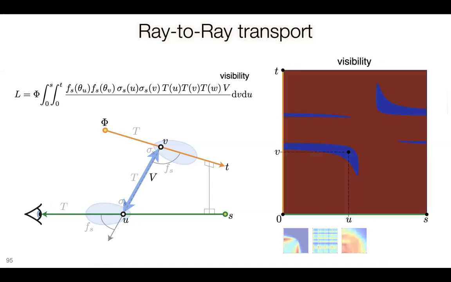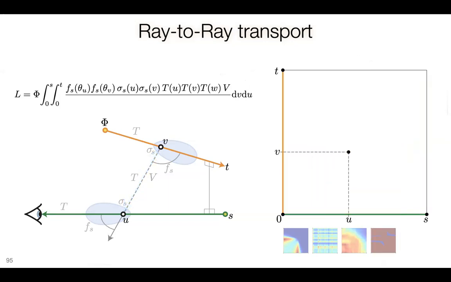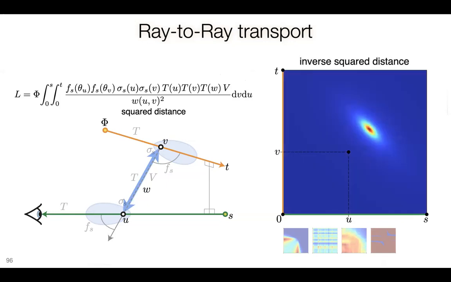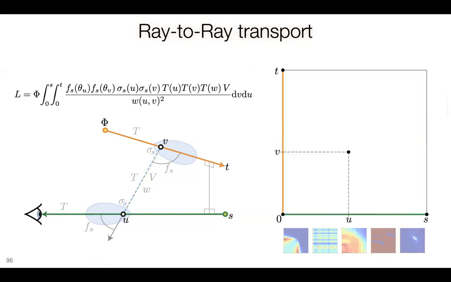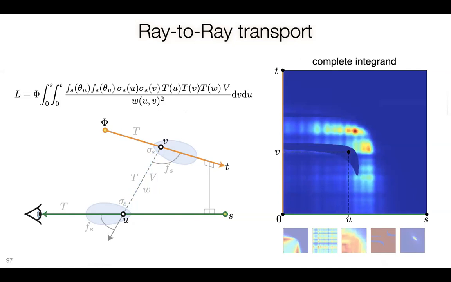This is one instance of the visibility, where blue means 0, no visibility, and the dark red is the visible portion. Now, this term also needs to be normalized with the squared distance between the two points u and v, and this inverse square distance has this kind of form given the location of your u and v. And the overall product of all these terms, the full integrand here, looks like this.